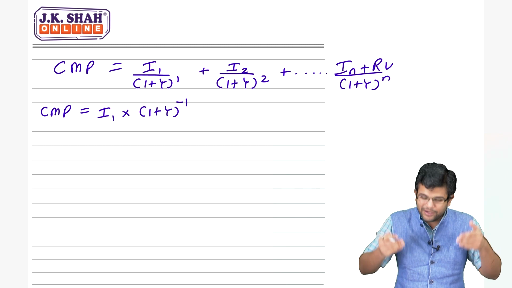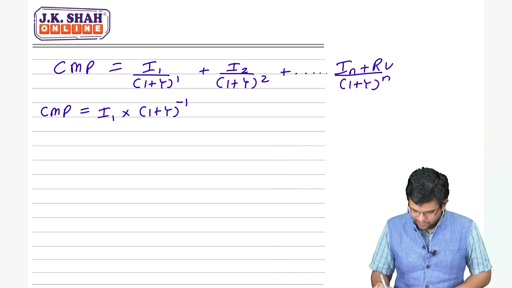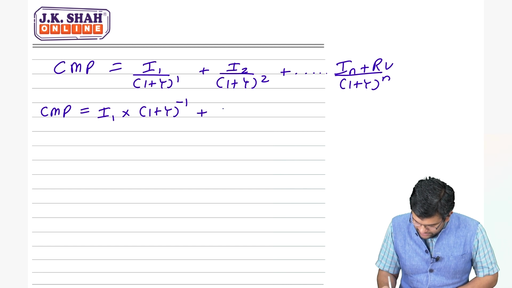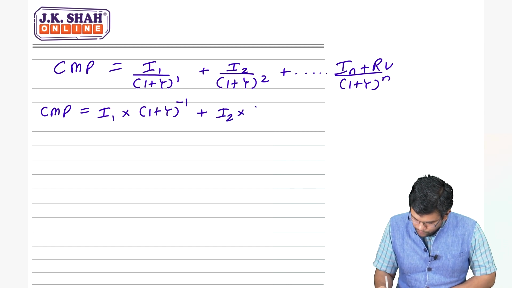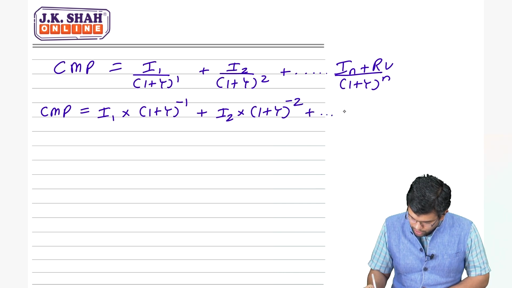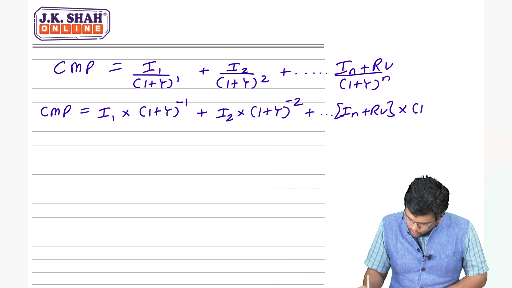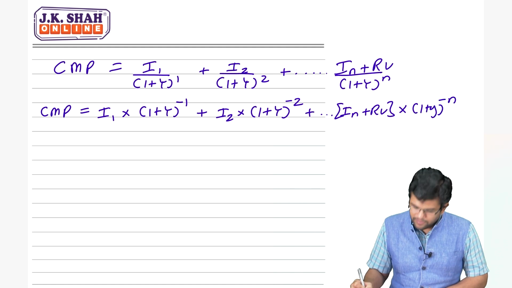So if it is there in the denominator, it will go to the numerator with a minus 1 in the power. So plus I2 into 1 plus y raised to minus 2, plus dot dot dot, IN plus RV into 1 plus y raised to minus n.